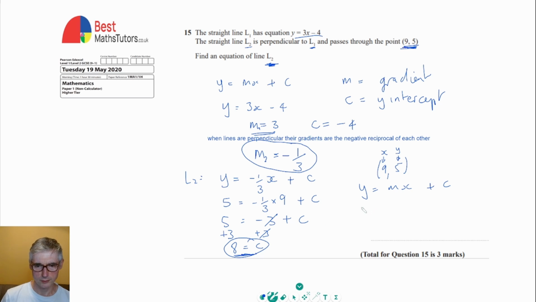So all we do is replace m and c, and we can say y is equal to minus 1/3 x plus 8, and that's it. That's the equation of our line L2. L2 is y equals minus 1/3 x plus 8.